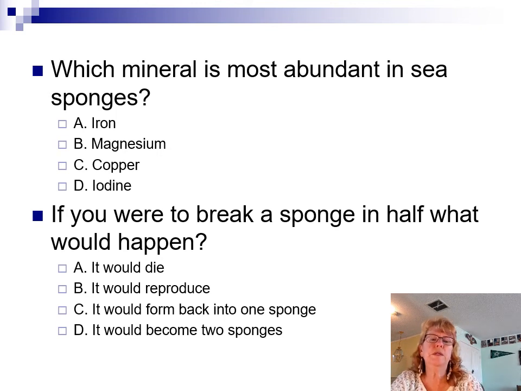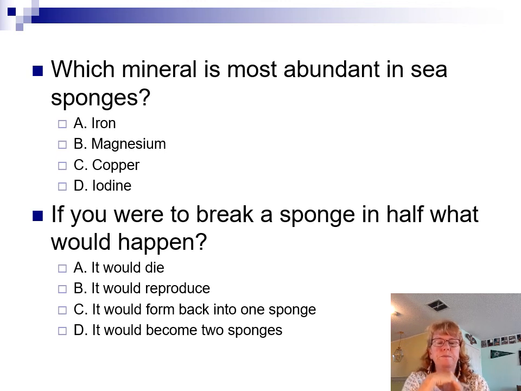So minerals in sea sponges. And we're going to talk about some of these minerals as being important in digestion when we get to human digestion. But in terms of minerals that you find in the sponge, if you haven't read through this already, think about the minerals and maybe think about what you might find in the ocean.